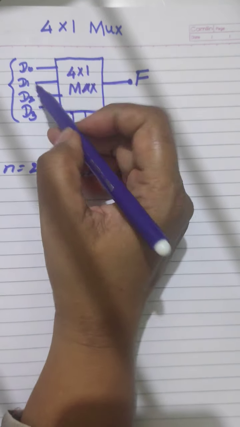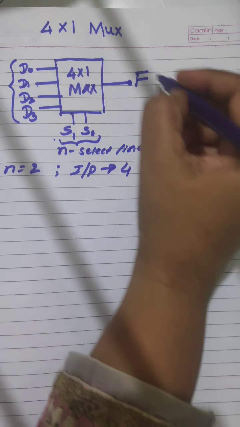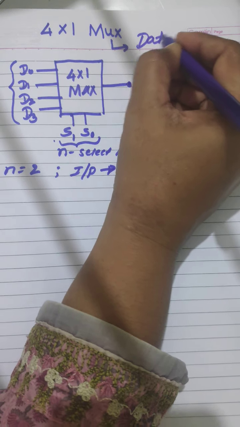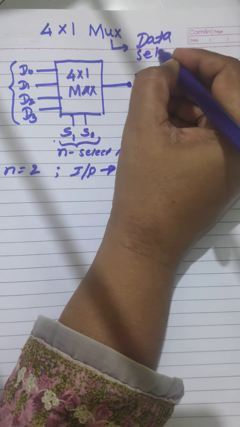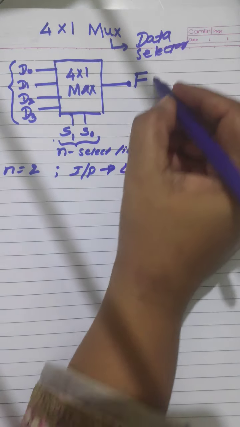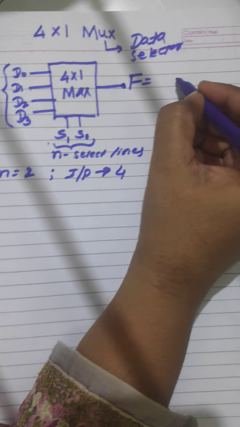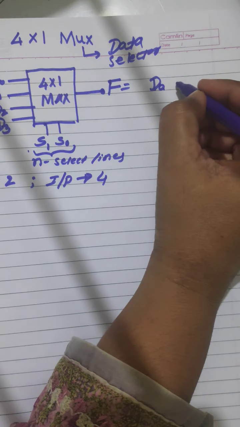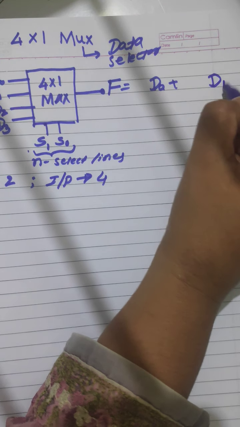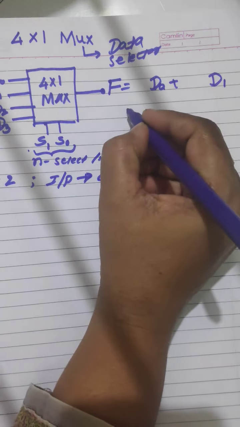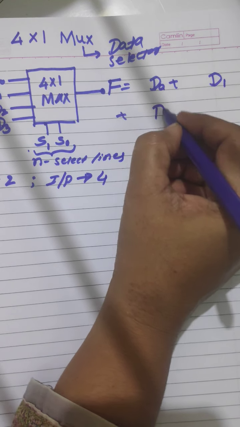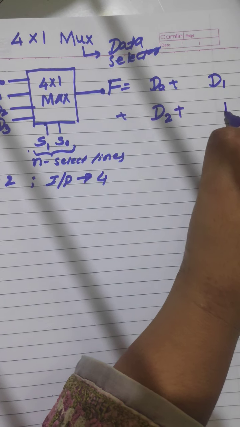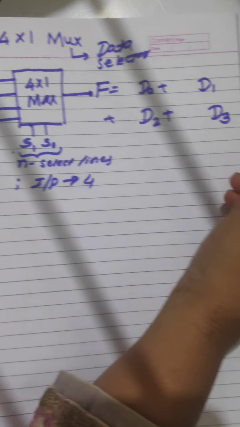Since it is going to select one of the inputs, this MUX is also referred to as a data selector. So either D0 will come at the output, or D1 will come at the output, or it will select D2 to go out, or lastly D3 can come out.